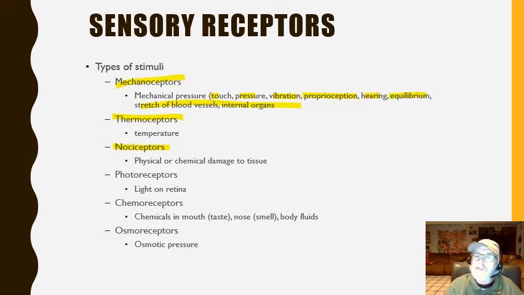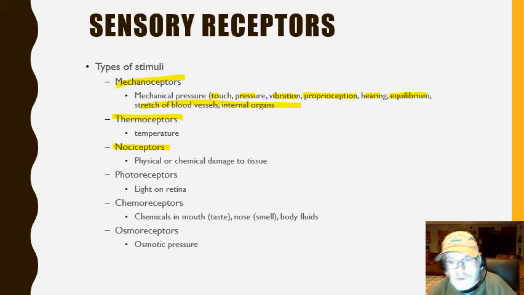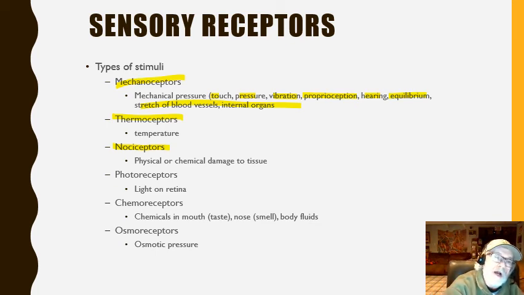Because it stimulates these nociceptors, which, because of this chemical influence upon them, send a signal to the brain saying, hey, that's painful. So they're called nociceptors. Photoreceptors basically pick up the light that hits the retina.